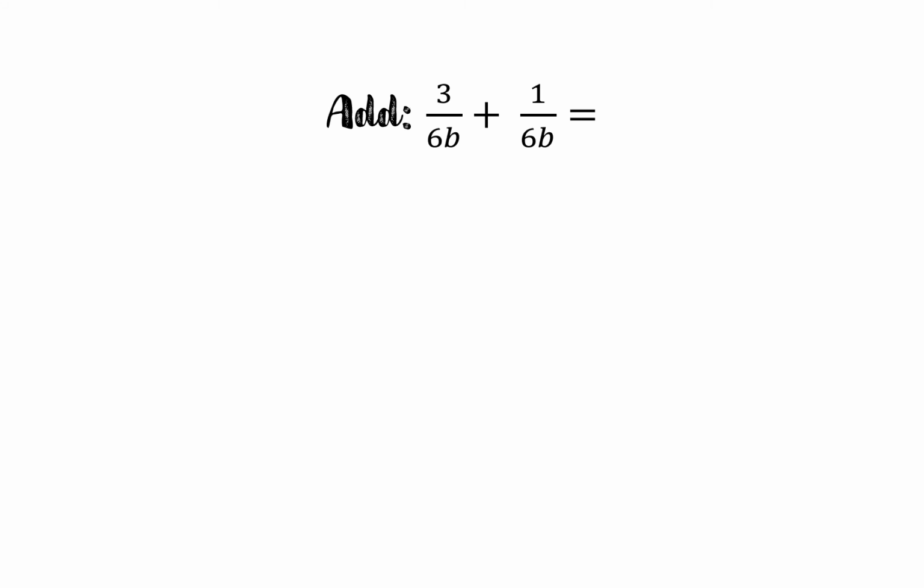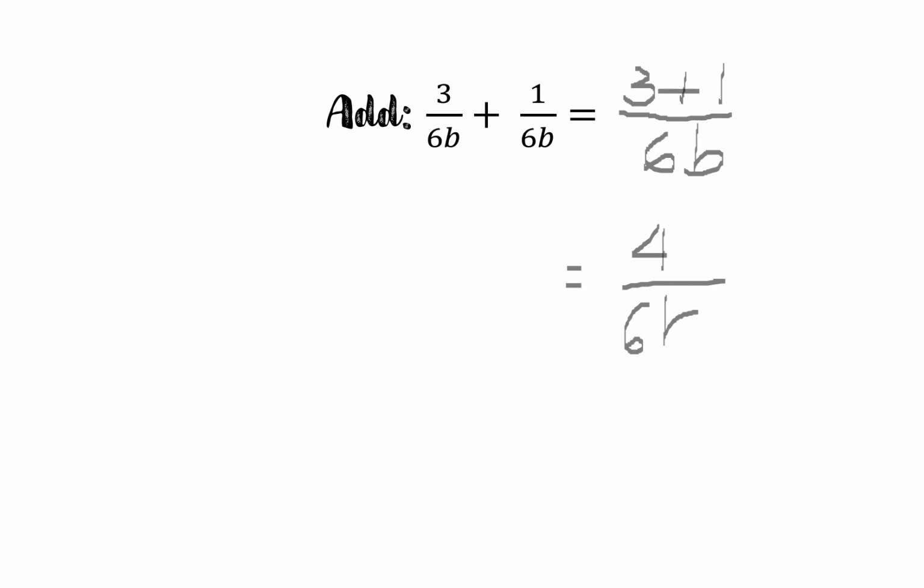So, sabi lang naman is add the numerator. So, that is 3 plus 1 and then copy the denominator 6b. So, 3 plus 1, so that will be 4 over 6b. Okay, pwede pa ba natin siyang i-simplify?